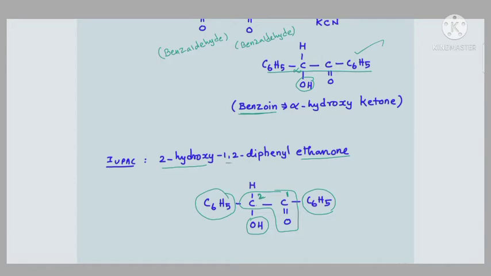So the hydroxy group and these two phenyl groups are all considered substituents: 2-hydroxy, 1,2-diphenyl ethanone. That is the IUPAC name of benzoin.